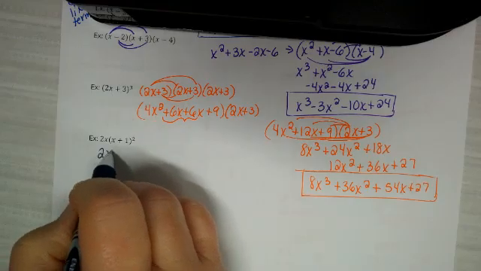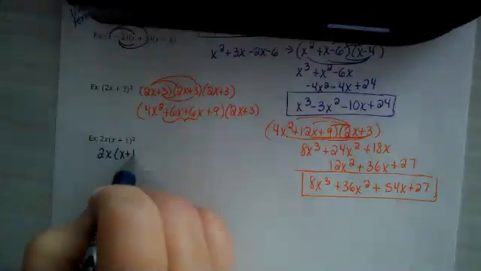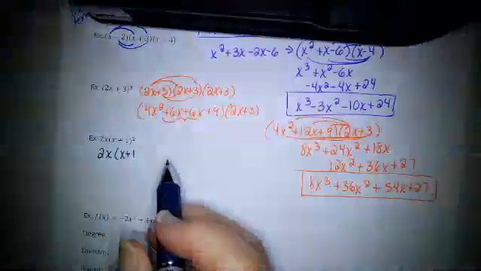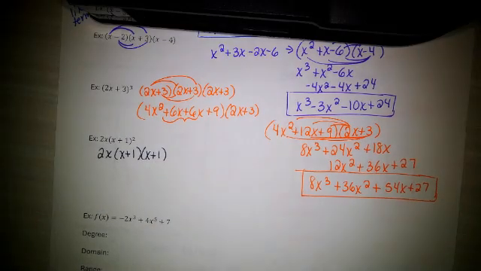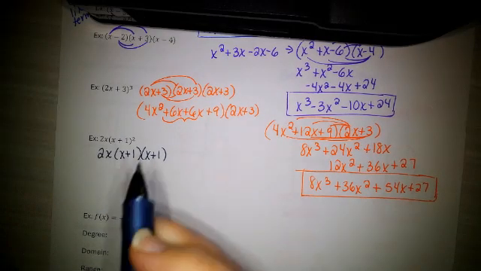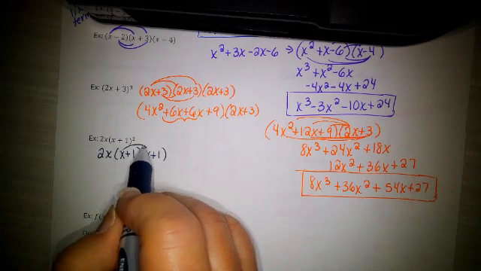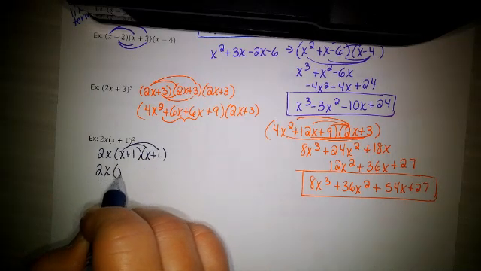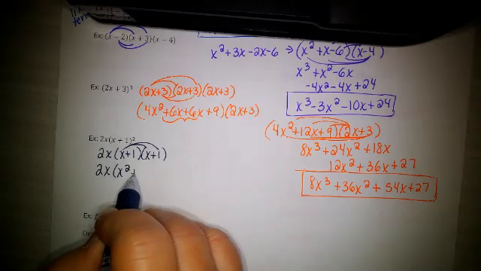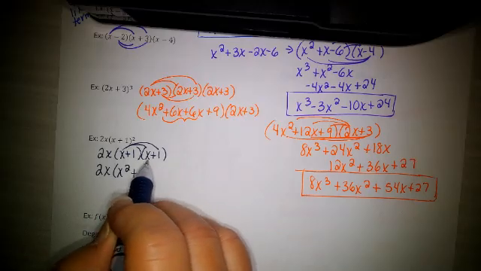So I'm going to do 2x times x plus 1 times x plus 1. So we're going to solve this one the same way we did in the previous unit. We'll do the x plus 1 times x plus 1 first, and then we'll distribute the 2x. So that's x squared plus 1x.